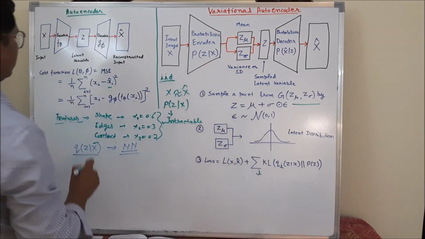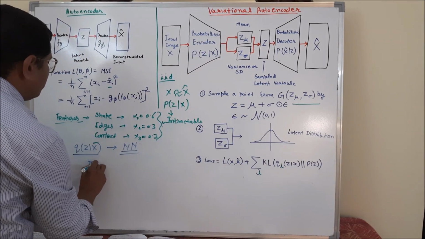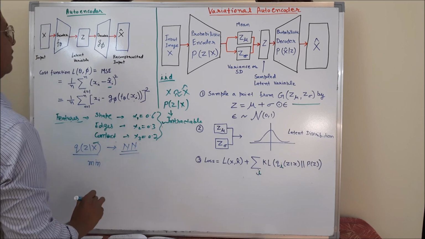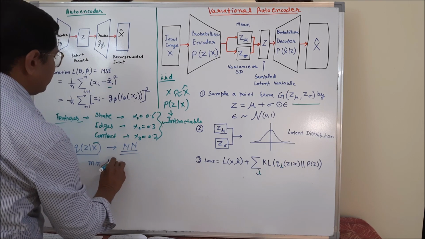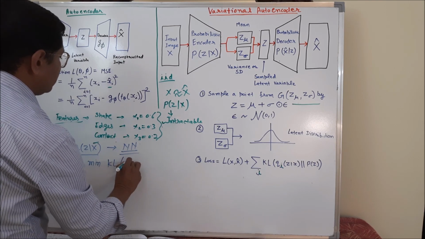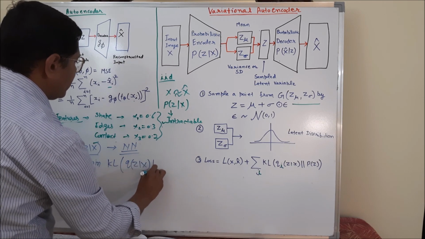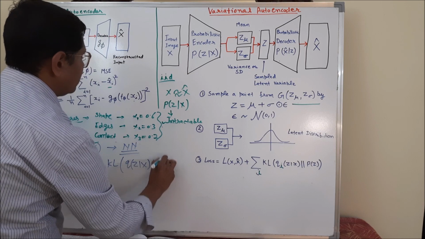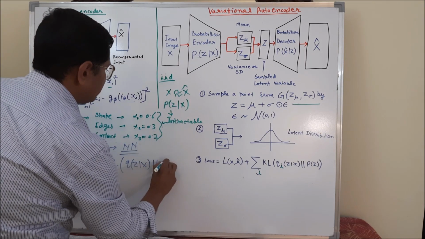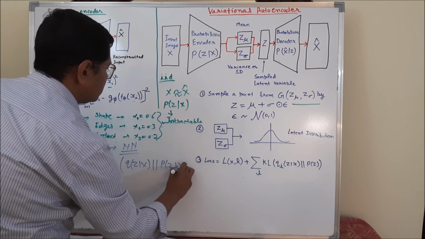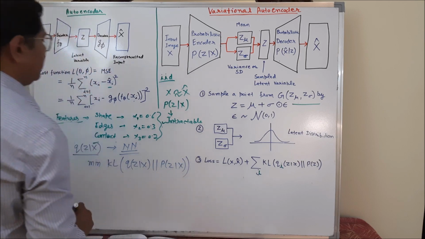For that we use the KL divergence, and we minimize the KL divergence between the two given probability distributions. So this is one important part.